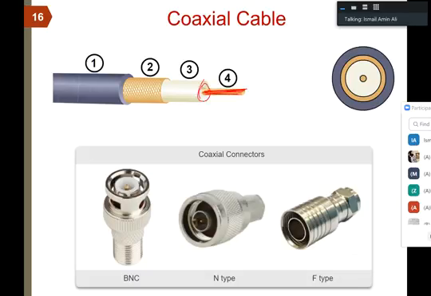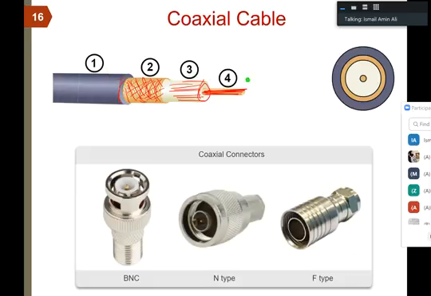This is the plastic insulator. This is another shield, which is mostly copper and can be aluminum. It's like a braid. And this is another plastic cover insulator to protect the cable. This is a coaxial cable.